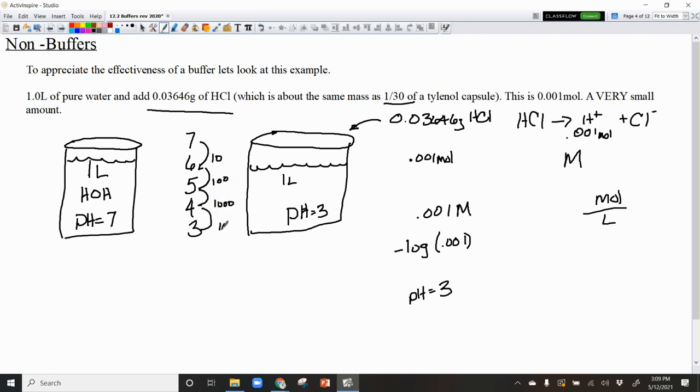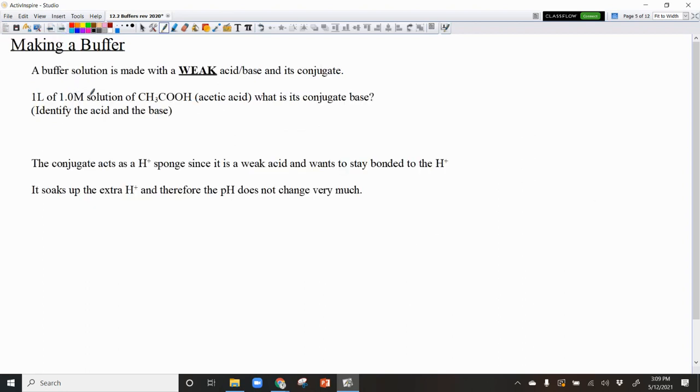And go down to 3, that's a 10,000-fold change. Okay, so this is 10,000 times a stronger acid than the pH 7. That's quite a bit. That's a huge drop, as a matter of fact, from 7 down to 3. All right, so let's keep that in mind as we go through and discuss now buffered solutions.